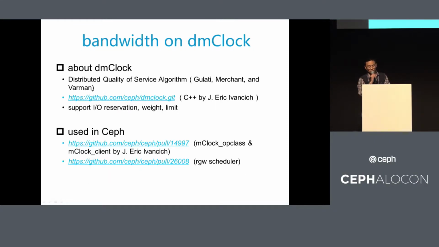First of all, let's talk about the dmClock. dmClock is a distributed quality of service algorithm authored by Mr. Gulati, Mercer, and Wellman. It has been implemented in C++ by Eric. It has been merged into Ceph in this PR.